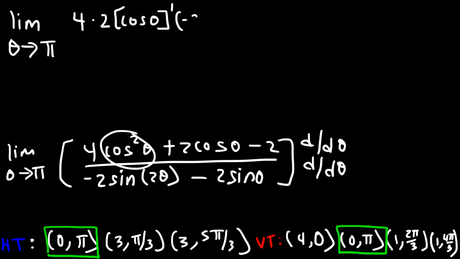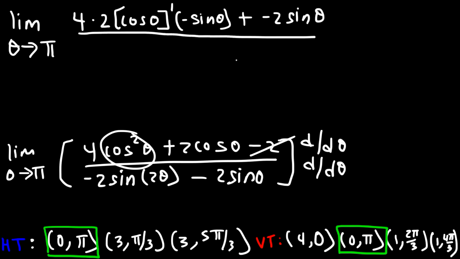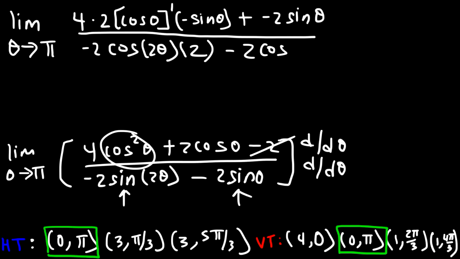The derivative of cosine is negative sine, and then the derivative of 2 cosine theta, that's negative 2 sine theta, and this is a constant, so that goes to 0. The derivative of sine 2 theta is going to be cosine 2 theta times the derivative of 2 theta, which is 2. And the derivative of sine theta is cosine theta.